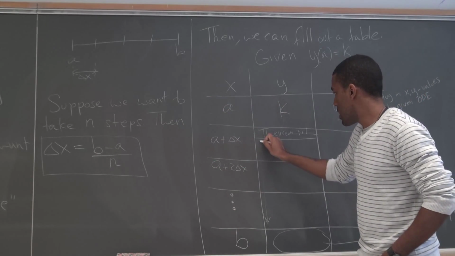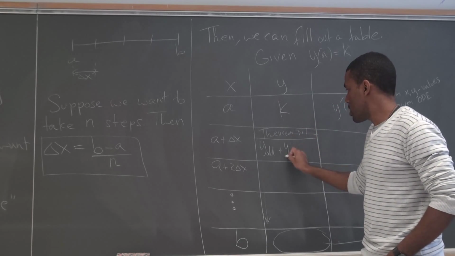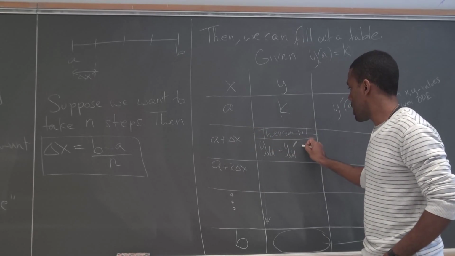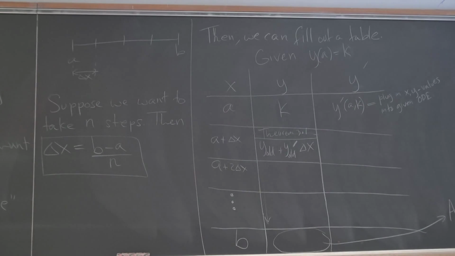We're basically going to take the old y value from the previous step plus the derivative of the old y value times delta x. So basically what you can think of this formula as saying is that to get some new y value, it's going to be approximately equal to the old one plus the derivative of the old one times delta x. That's sort of the idea we're using.